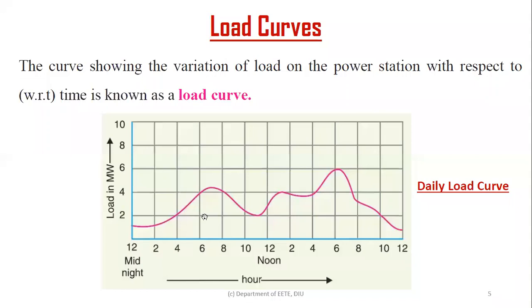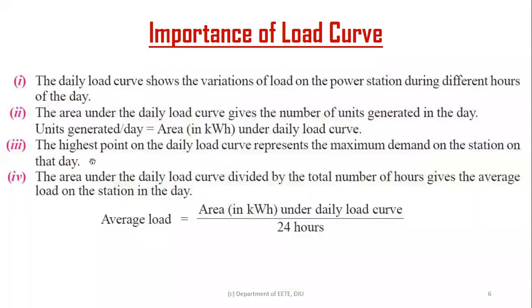So if these are all the demand, we are definitely meeting this demand by our production. If we sum the whole area, basically that will be the summation of our unit generation throughout the day. We'll see the mathematical problems later, how to sum this kind of area.